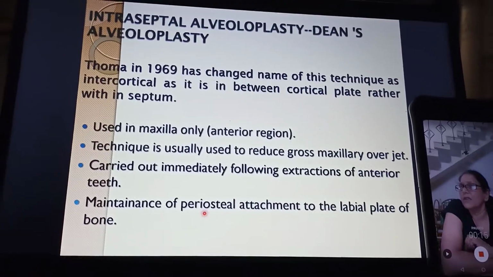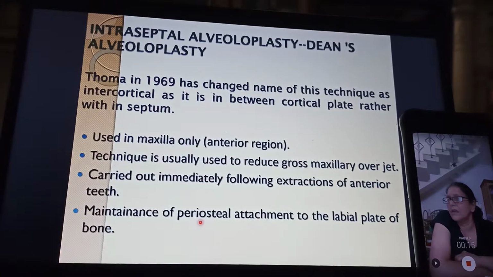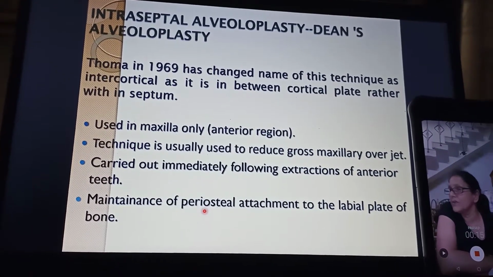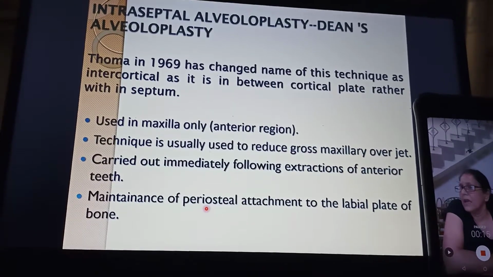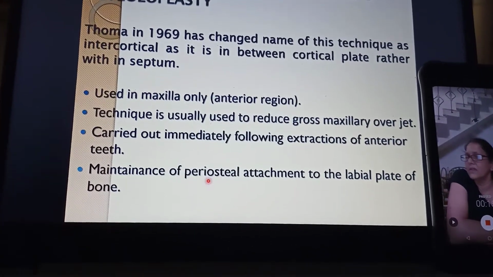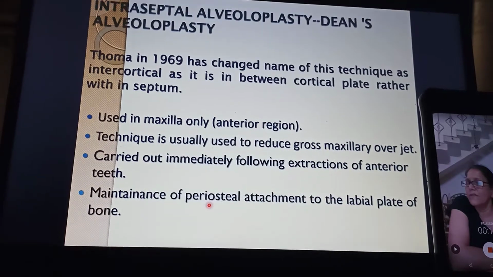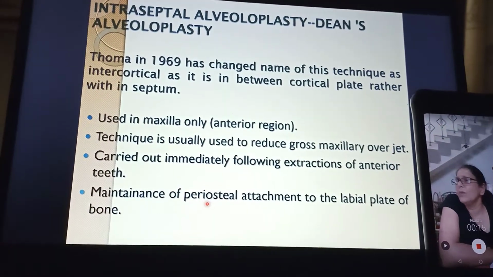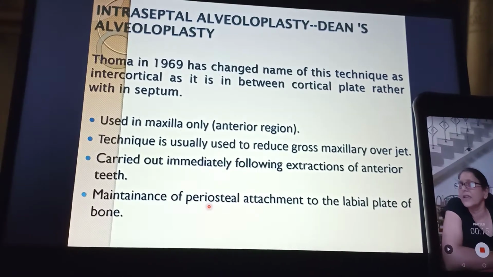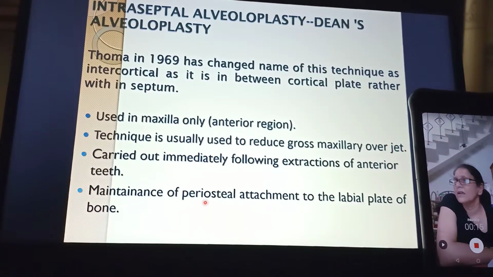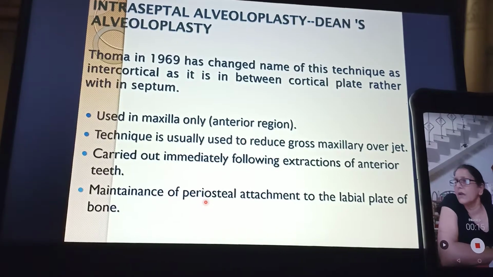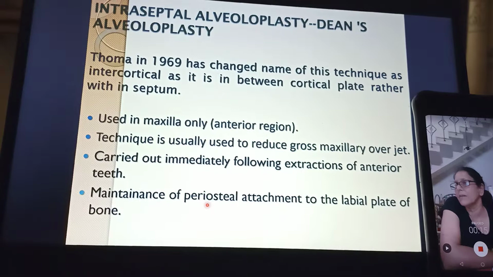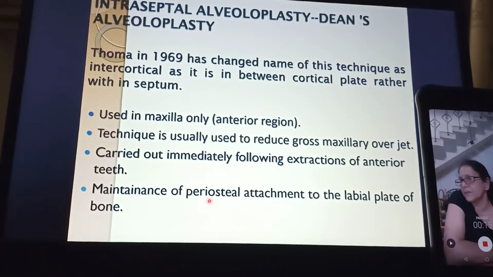Intraseptal alveoloplasty or the Dean's technique, the important part here is to understand that it is always used in the maxilla, and second is that there is presence of gross maxillary overjet. Thoma in 1969 changed the name of this technique from intraseptal to intercortical, as it is done in between the cortical plates rather than the septum.